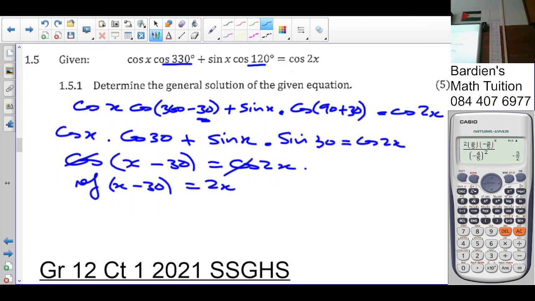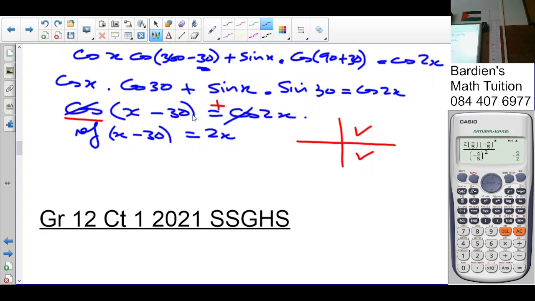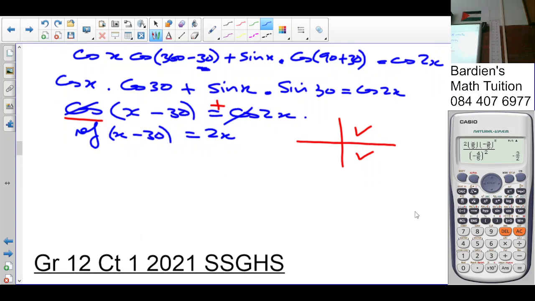So what question comes to mind? In which quadrant is cos positive? Yes. And in which quadrant is cos positive? First and fourth quadrant. How do we get into the first quadrant? It's quadrant 1. It's just going to be 2x is equal to x minus 30 plus k times 360.